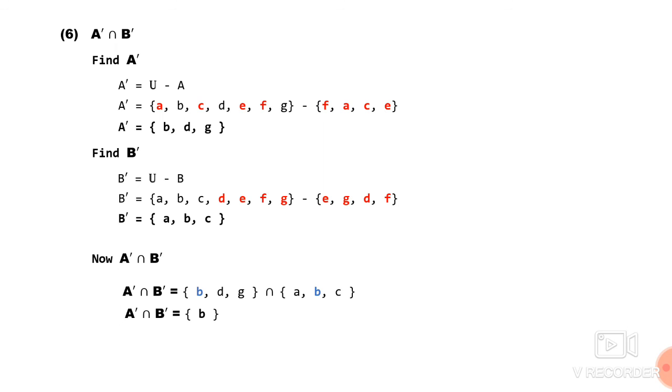Part 7. Moving on to part 7, we have the universal set union the null set. This symbol is used for the null set or empty set, the set which does not contain any element. So we are finding the union of the universal set and the empty set.